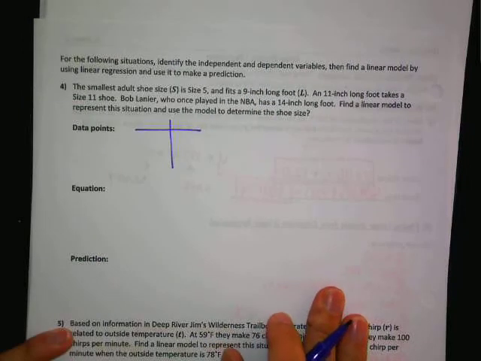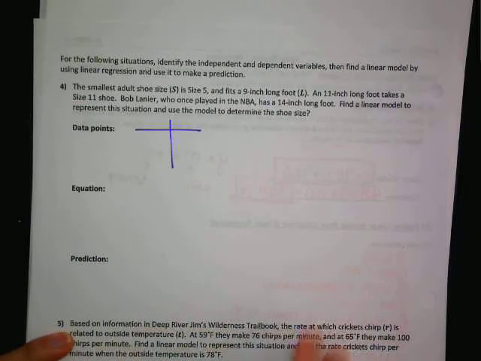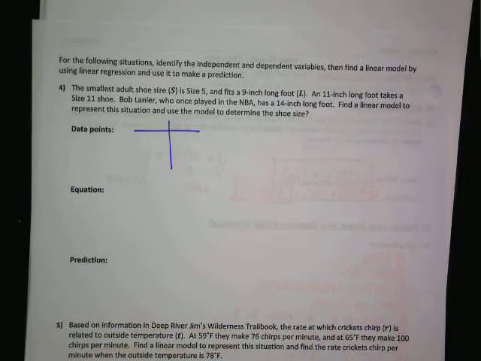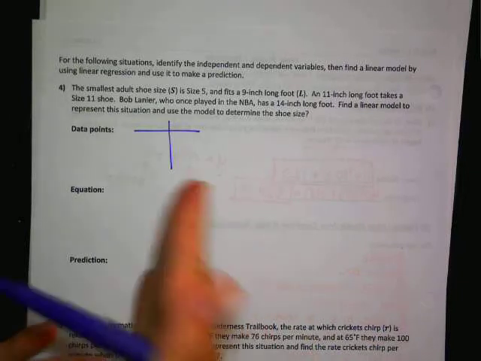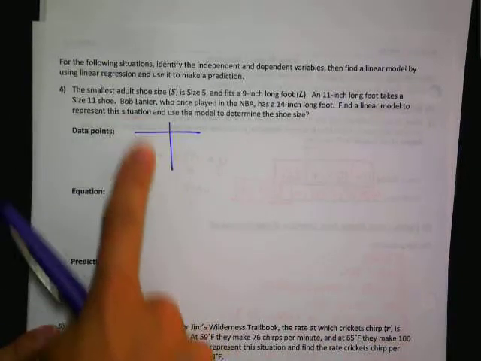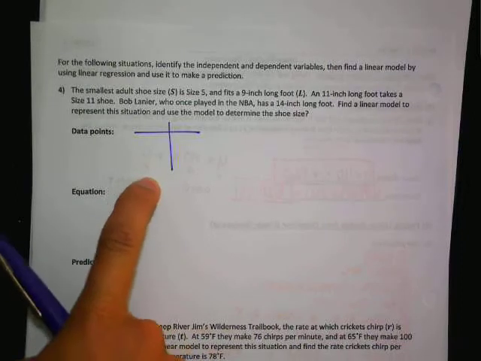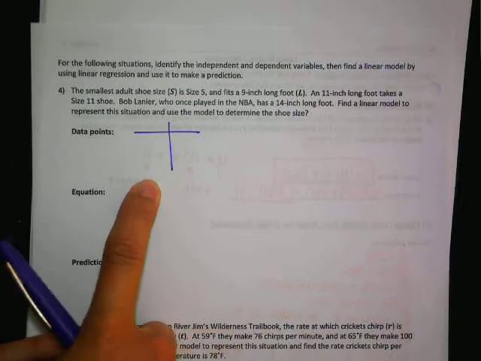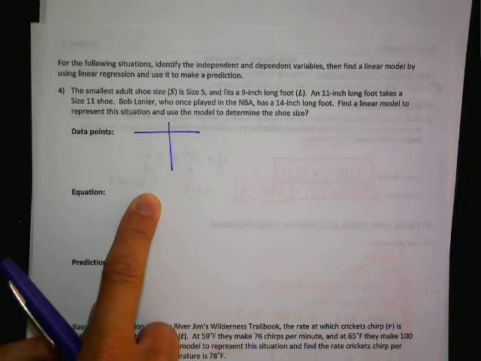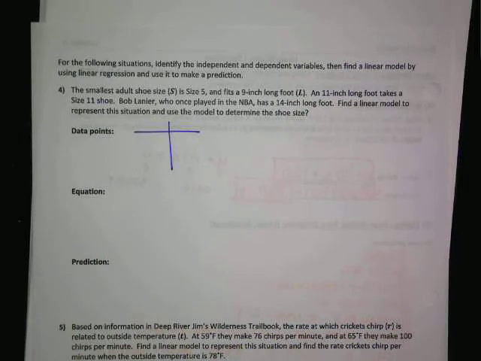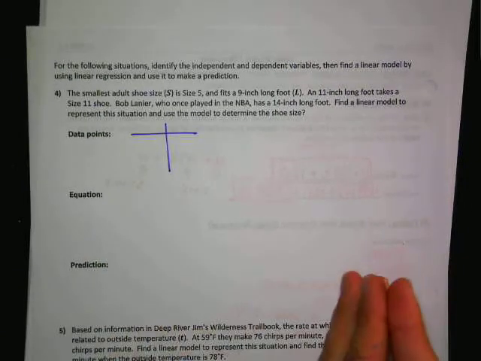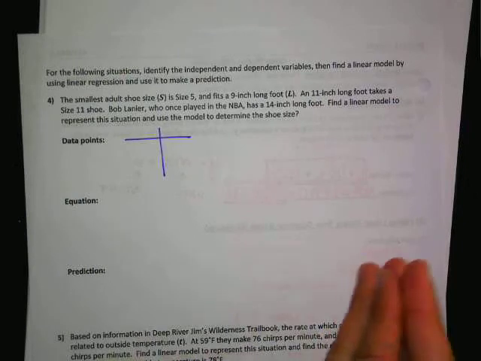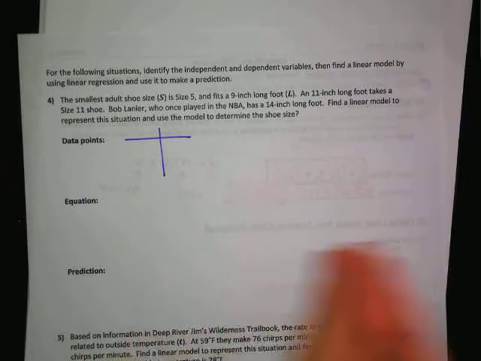Yep. And this one is a little confusing, I think. Not all of them are this confusing with determining what is X and what is Y, right? Does the shoe size depend on the size of your foot, or does the size of your foot depend on your shoe size?